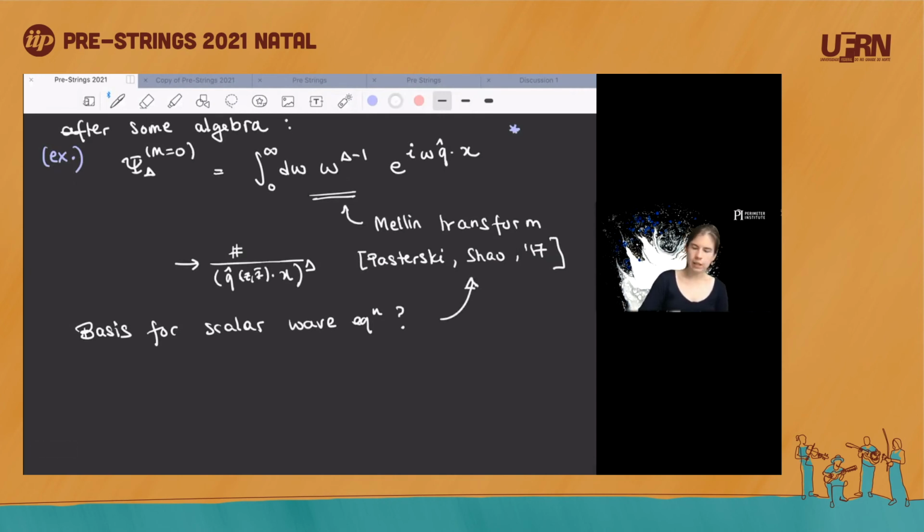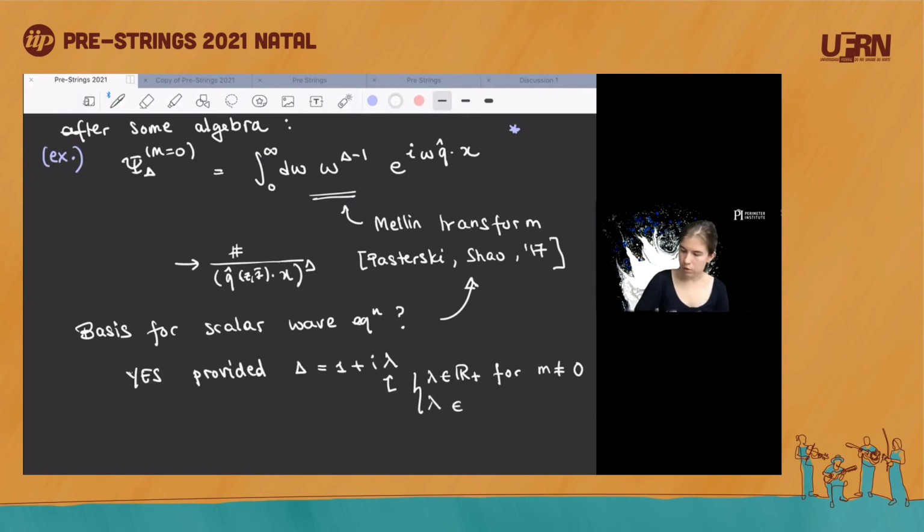And the upshot is that they actually do form a basis. So the answer is yes, provided delta is constrained. I'm just talking about four-dimensional asymptotically flat spacetimes and these two-dimensional celestial spheres. In this case, they found that delta has to be 1 plus i lambda, where lambda is real and positive for massive particles, and lambda is just real for massless particles.